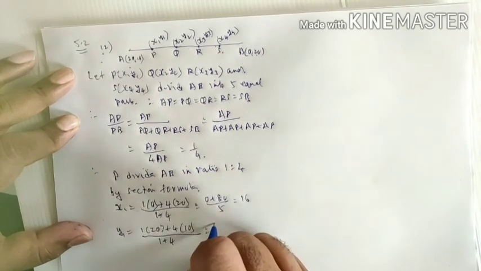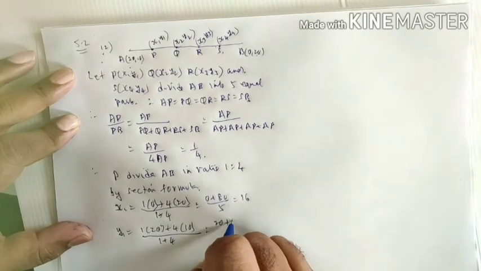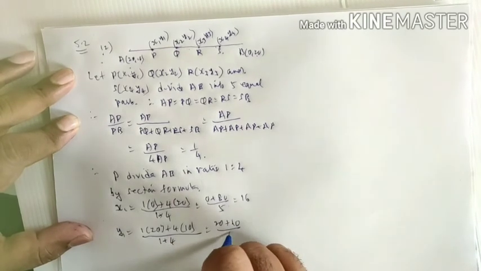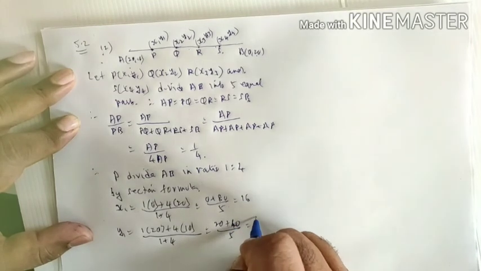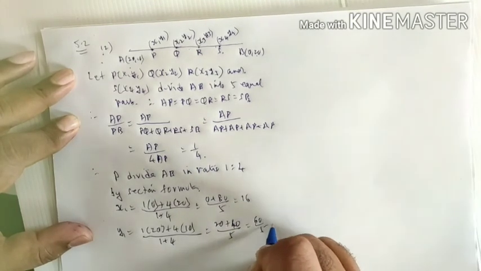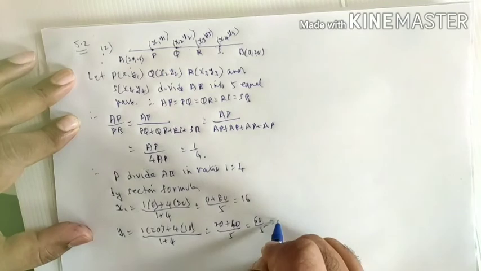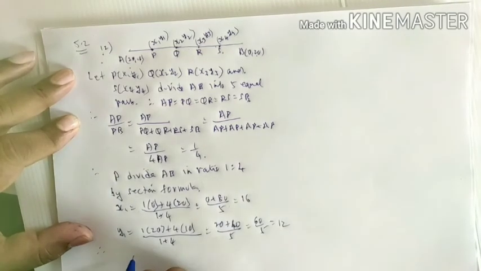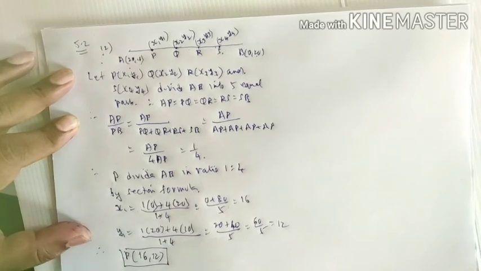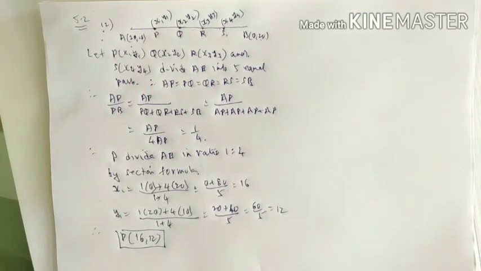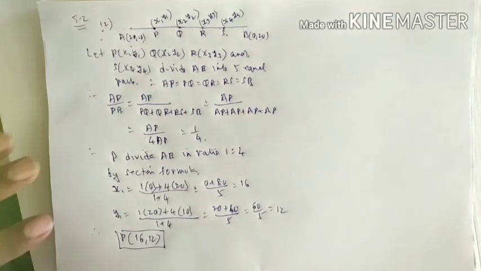So how much we get? 20 plus 40 upon 5. 20 plus 40 is how much? 60 upon 5. 60 upon 5 is how much? 12. Therefore, we got the coordinates of P as 16, 12.